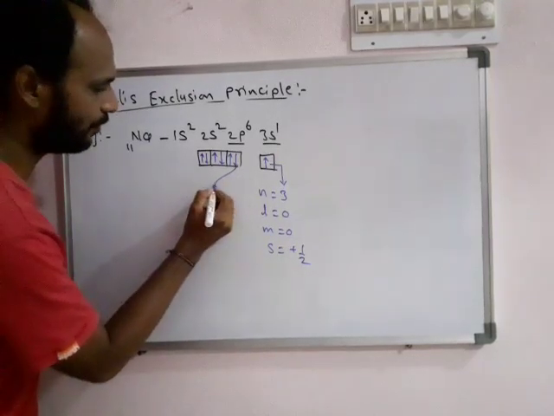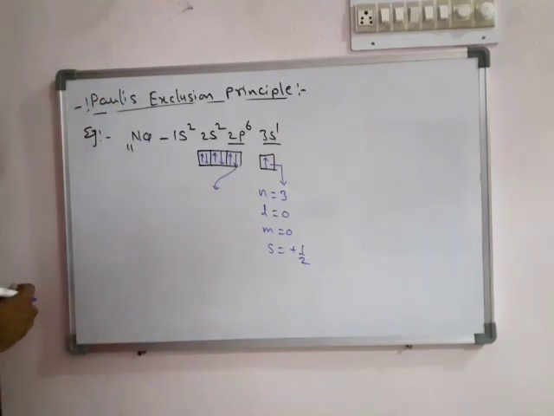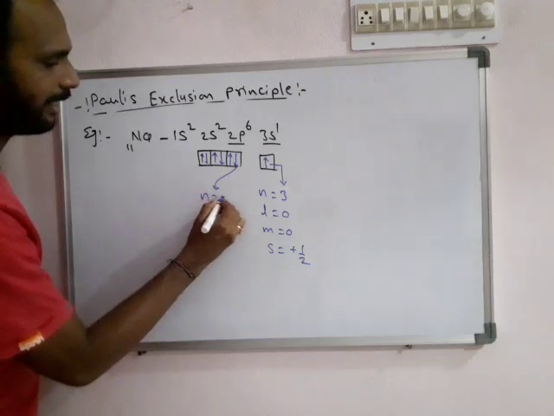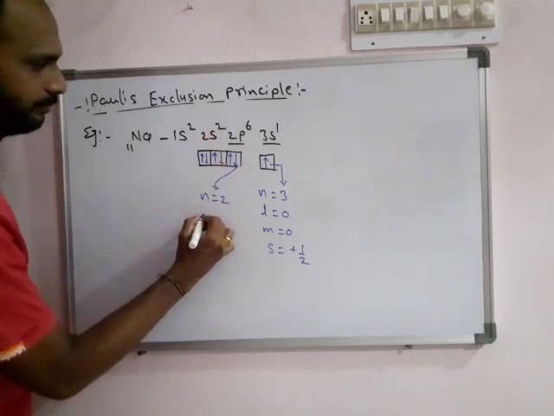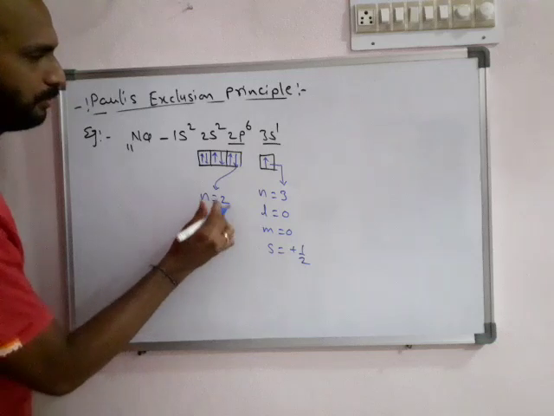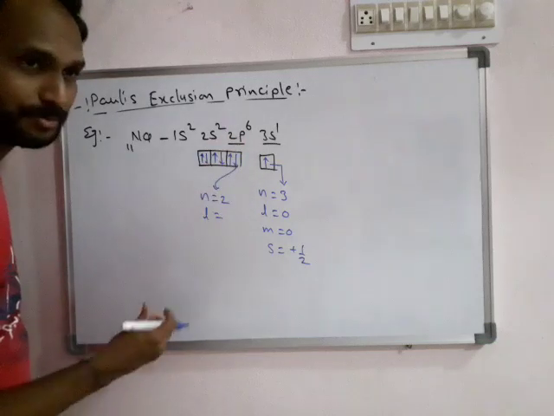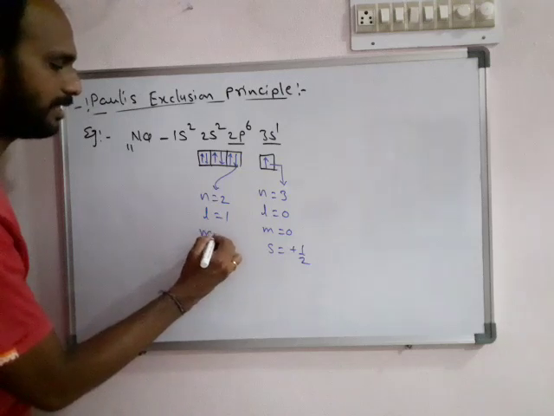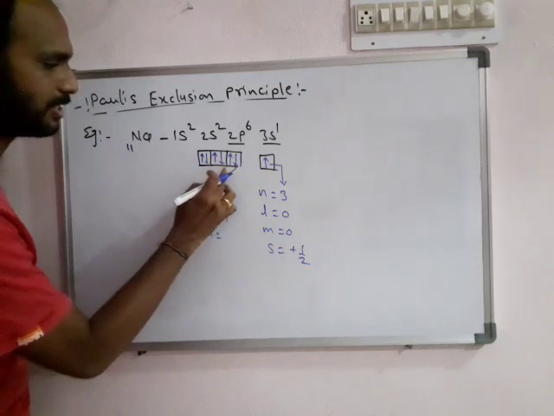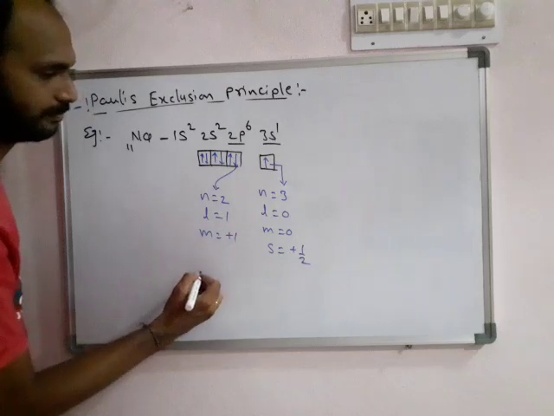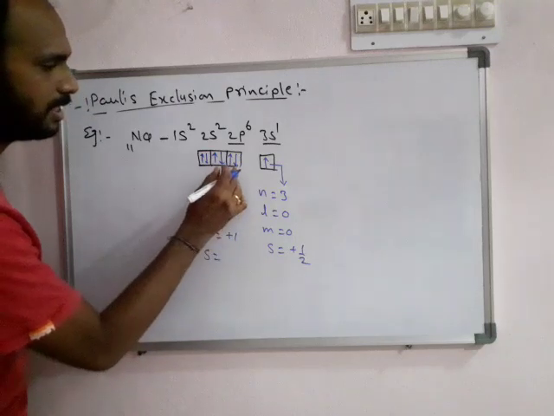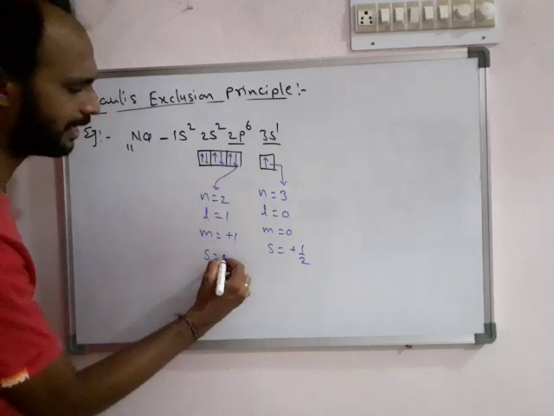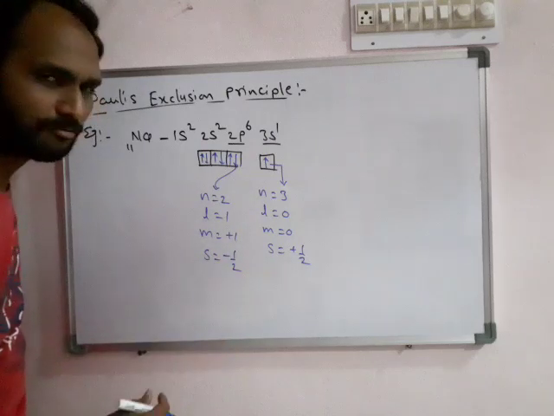Next, write this electron. n equal to 2. What is the l value? It is present in the p subshell. p subshell value 1. So l equal 1 means m is also minus 1, 0, plus 1. So s is, we are talking about the second electron. First electron plus half తీసుకున్నాం కాబట్టి second electron ఎలాగో minus half అవుతుంది.